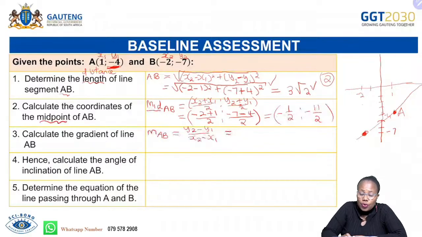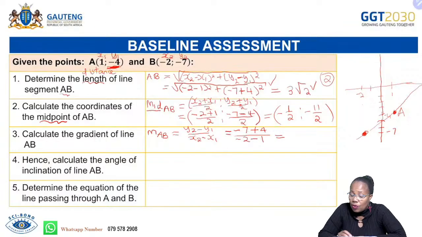Now we substitute y2 -7, and then y1 is negative, so it will be minus plus 4 over x2 minus 2, and then x1, it will be minus 1 of x1. And then here you have the simplified answer into your calculator. This will give you a 1.